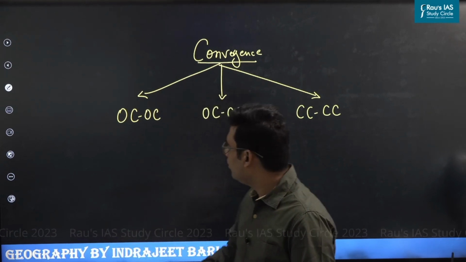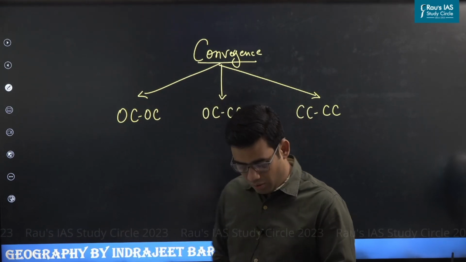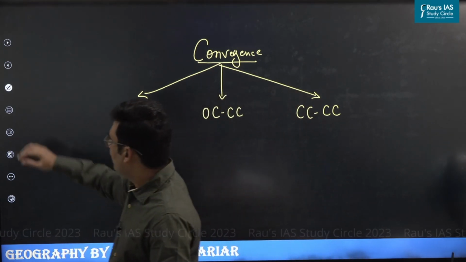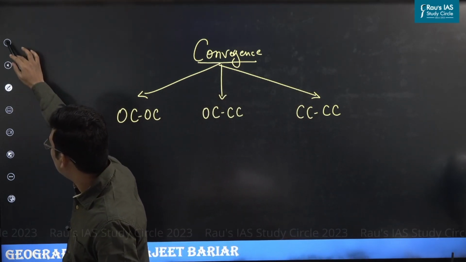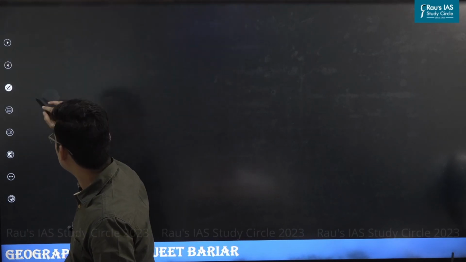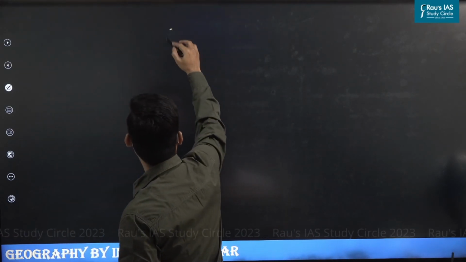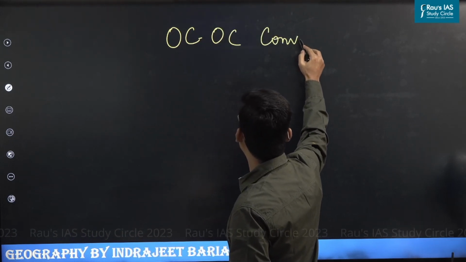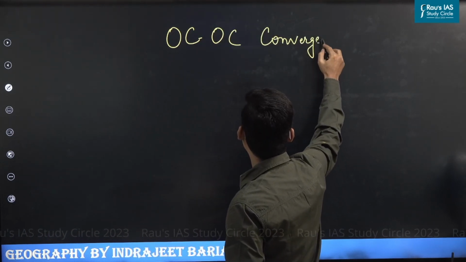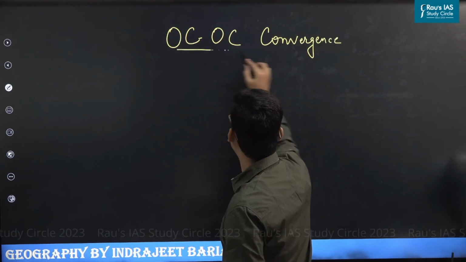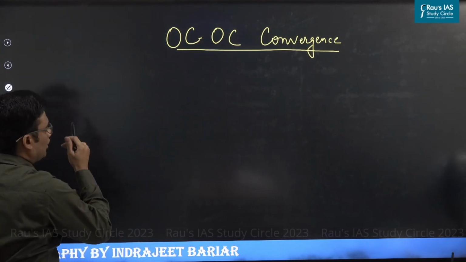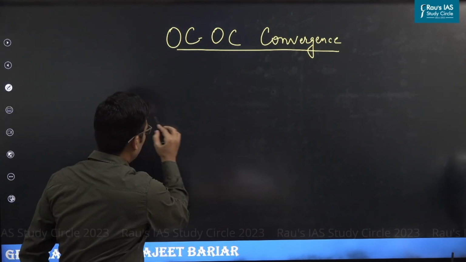So let's take a look at these one by one. The first is OC-OC convergence. In this case, two different oceanic crusts are converging.